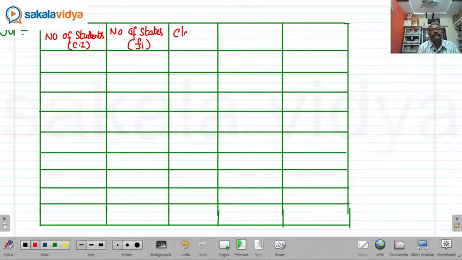Class mark or mid value also we can say, no problem. Class mark, say xi. This is ui. ui is equal to xi minus a upon h. This is fi ui.